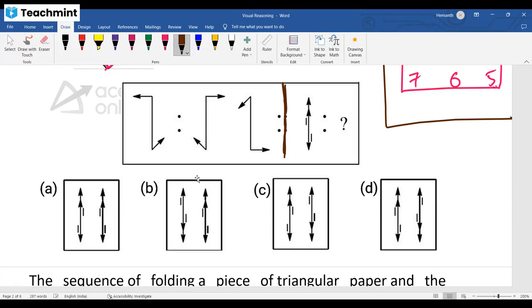First one is a mirror image. For this vertical one mirror image, what will happen? These two arrows are not an issue, but this one line that comes to the right, this one line goes to the left. That's not there in D. That's not there in B.